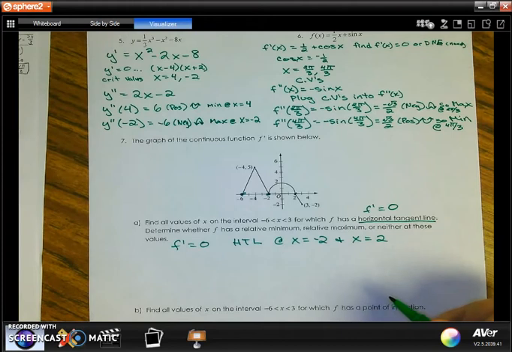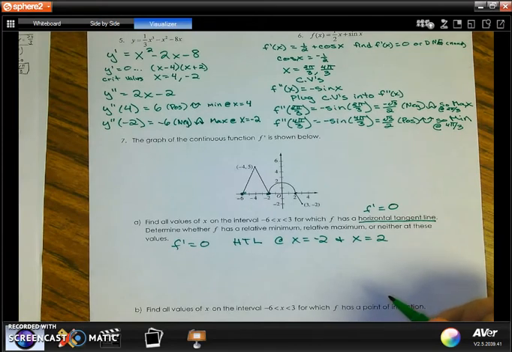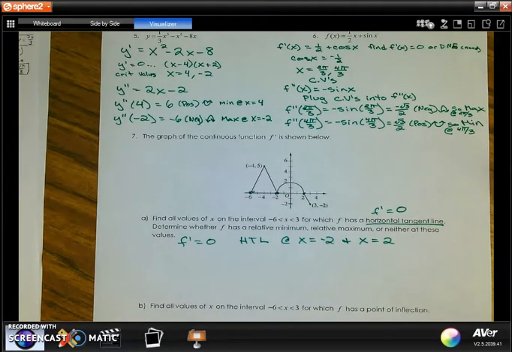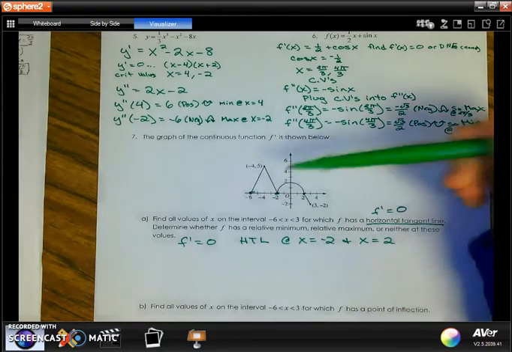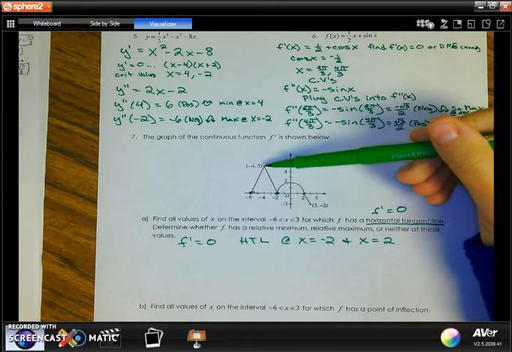And then it asks you furthermore, determine whether it has a relative max or min or neither at these values. What you need to know is that we're really concerned about whether the derivative is going from positive to negative or negative to positive. That's when you get maxes and mins. To determine if you have a relative max or min at -2, you're concerned if the derivative goes from positive to negative.